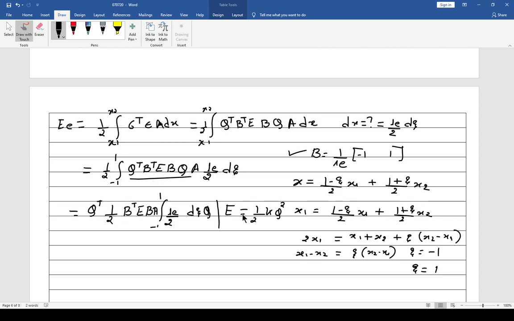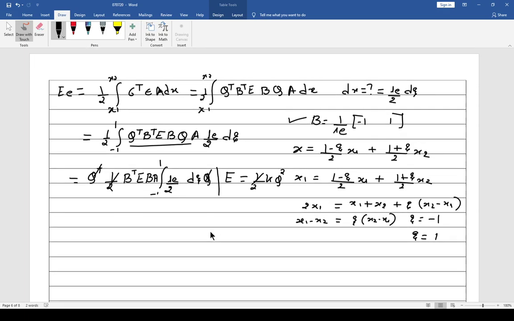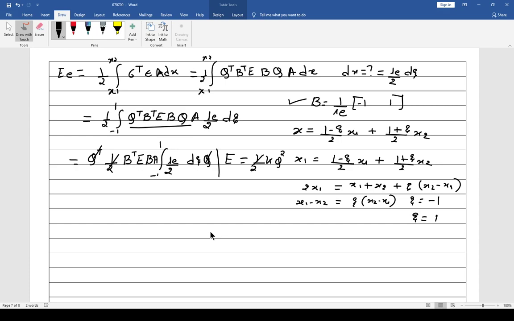So if I compare both the equations, this q and this q will get cancelled, and this 1 by 2 and 1 by 2 as well. Whatever remains represents my stiffness matrix, and that is what I am going to do.